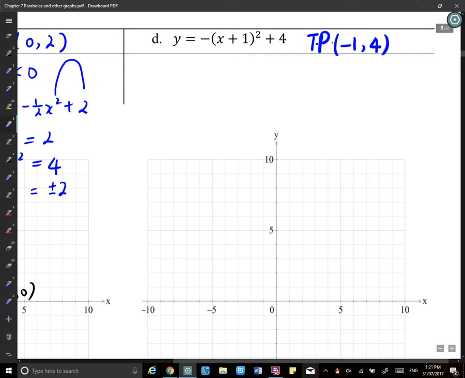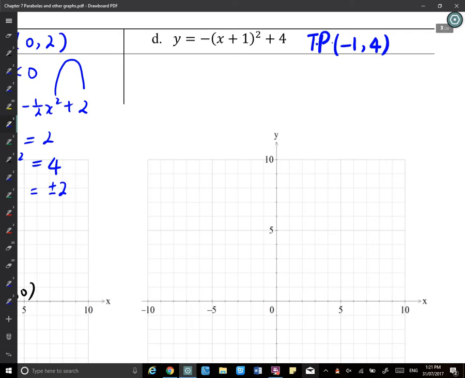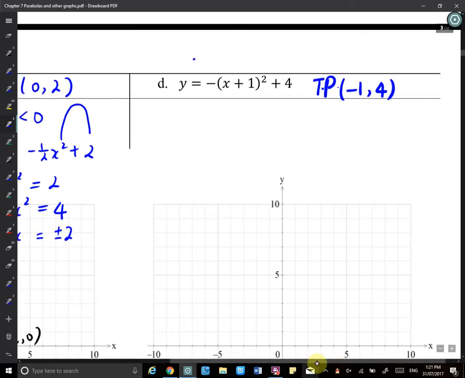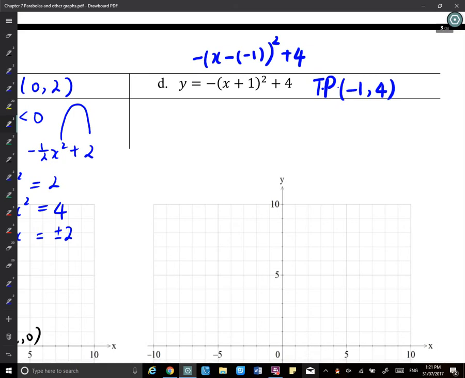The form is y equals minus x minus h squared plus k. So this will be x minus negative 1 squared plus 4. It's minus h, so minus negative is a plus.